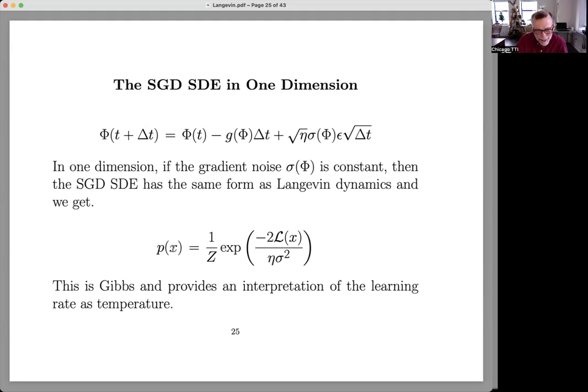So for this model of gradient descent, where we're taking the sampling of the mini batches to be the source of noise, we are getting a theorem in this model that the stationary distribution has this form, where the learning rate is acting as the temperature. So this gives us a formal interpretation of the learning rate as temperature.